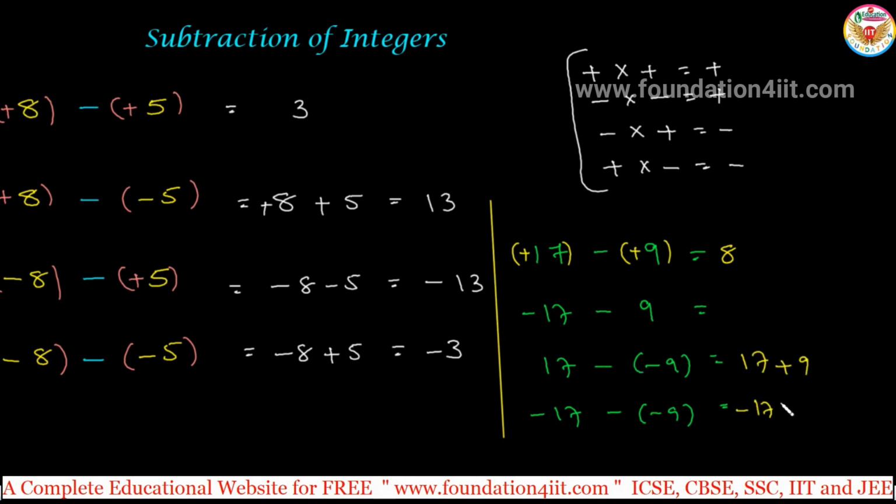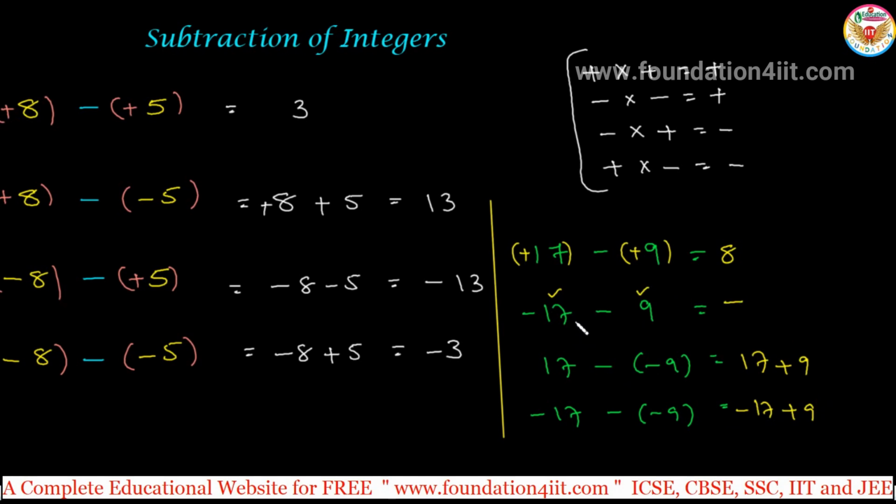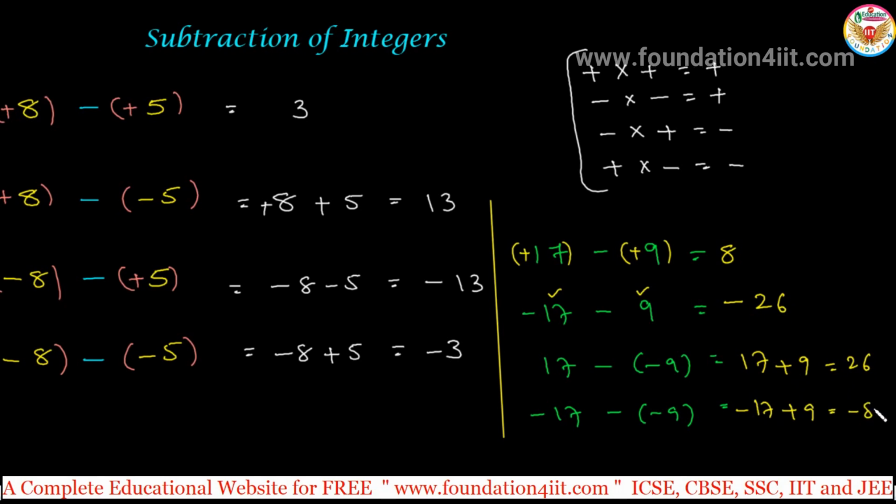Minus 17 minus 9, both are negative, negative 17 and negative 9. You keep the negative symbol and do addition only, same as addition of integers, so 17 plus 9 is 26, negative 26. But negative 17 plus 9 is only negative 8, because 17 has the bigger numerical value, so the negative sign comes.